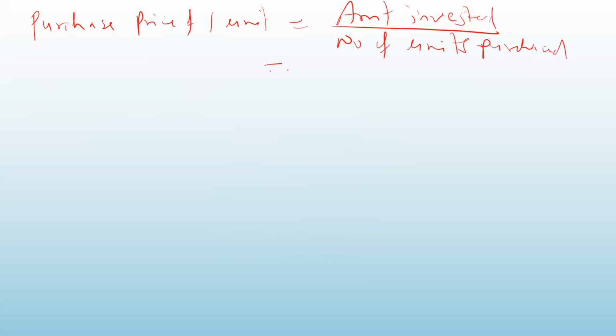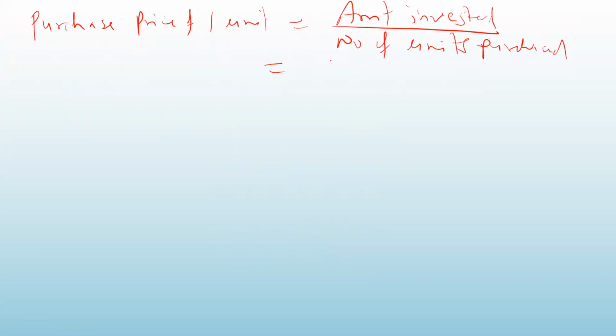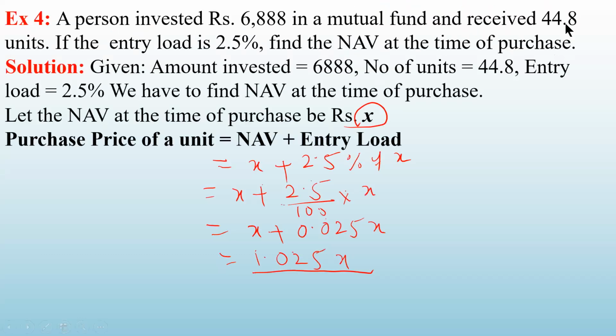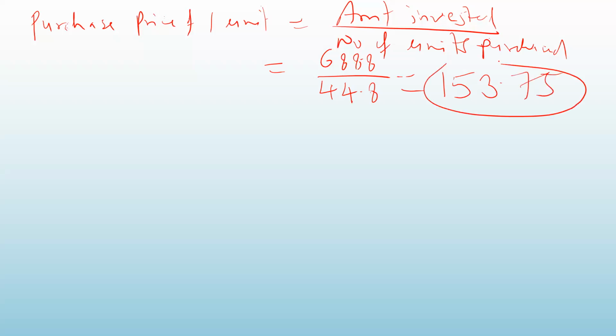So what is the amount invested? It is 6,888. And how many units were purchased? 44.8. So 6,888 divided by 44.8 will give you 153.75. So 153.75 is the purchase price of 1 unit.